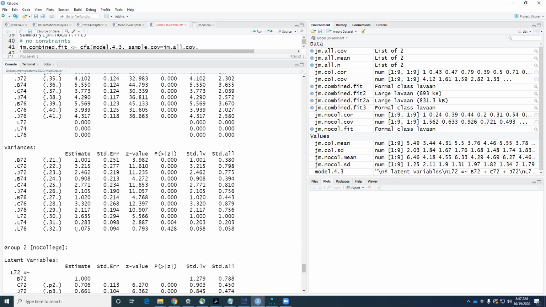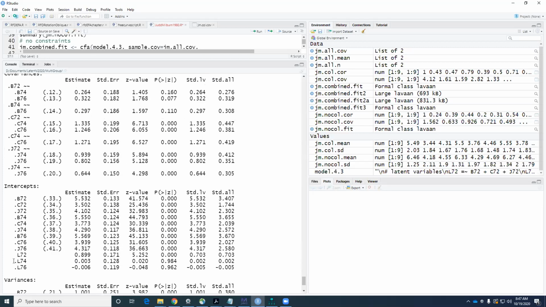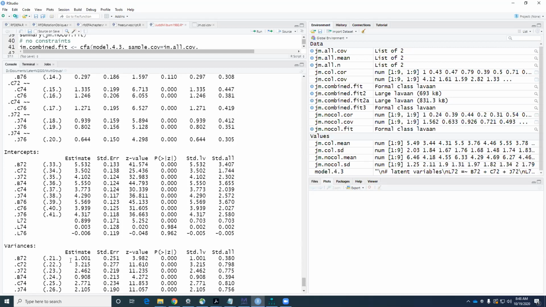And downstairs, I've got the means of the latent variables, 72, 73, 74, freely estimated in the second group, which is just like what I had before. The reason this is different than the other one is this model has autoregressive paths from 1972 to 74 to 76.